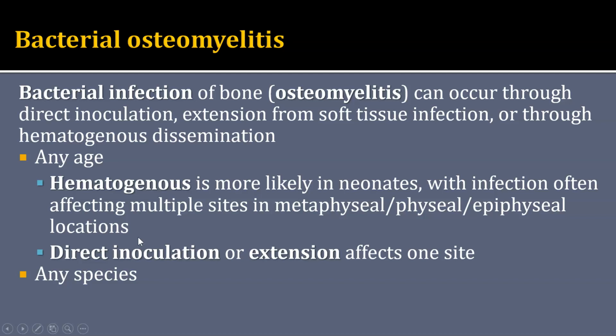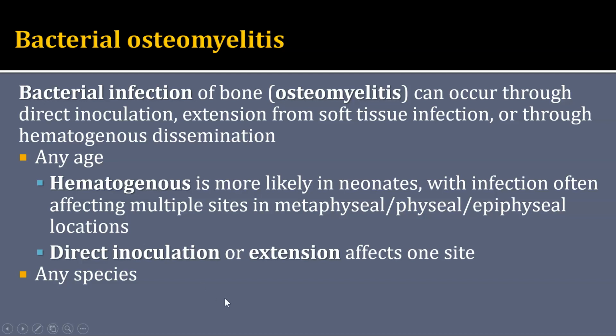Certainly any age can be affected with bone infection. If we're looking at the patients that have hematogenous dissemination, it's going to be more likely in neonates, and in fact, more likely in our large animal patients, so calves and foals, although puppies and kittens can also be affected hematogenously. Also, when it's hematogenous, the infection usually affects multiple sites, in different limbs, different bones, and typically will affect the metaphyseal, physeal, and epiphyseal locations, and that's due to the rich capillary network that's in that area.